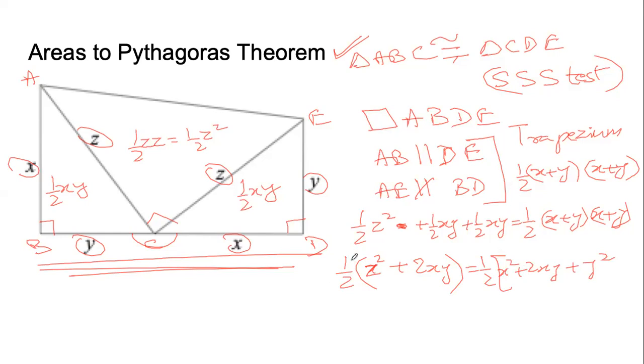If we simplify, 1 by 2 and 1 by 2 will divide. If we simplify, this 2xy and 2xy will become 0. So what we are left with is z square equals x square plus y square. This is another proof of Pythagoras theorem.